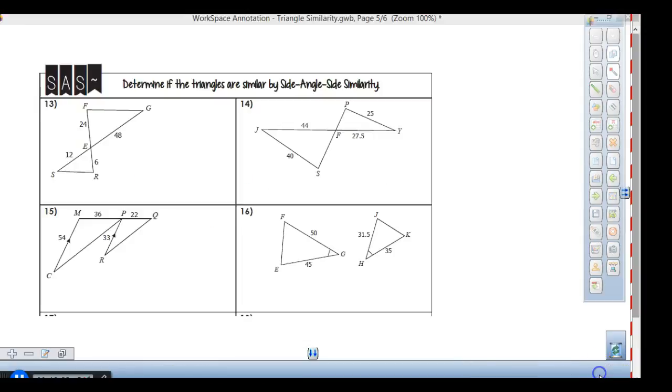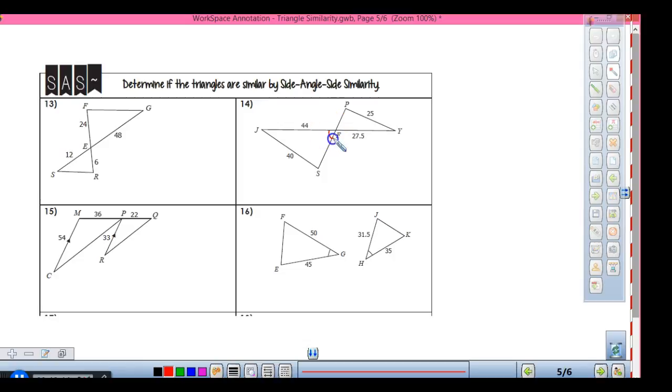All right, the one I wanted to look at, let's look at number 14. What angle do I have in 14? I have vertical angles. Okay, so before I even check my ratios, before you start writing out your ratios, take a look.